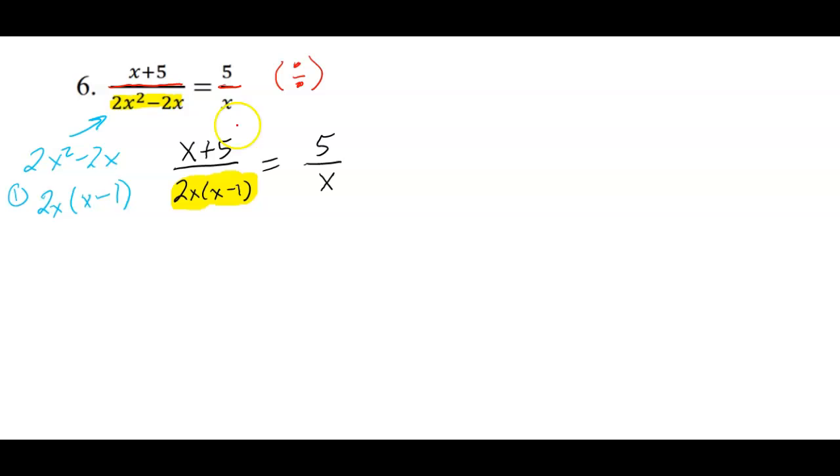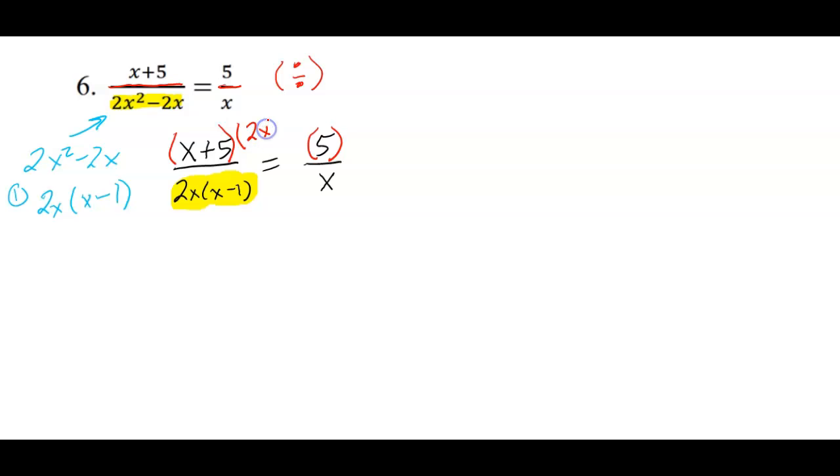I'm going to multiply by, and remember to put in your parentheses for the quantities that you're multiplying, x plus 5 is the quantity being divided, and 5 is the other quantity being divided.